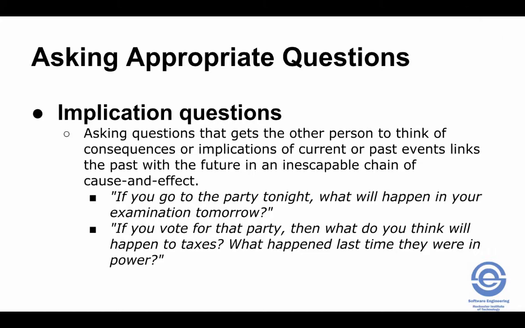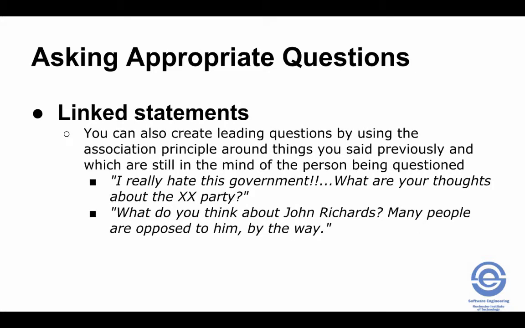So you're already leading the responder into thinking about what will happen in the examination tomorrow if they go to that party. Like, hey, I shouldn't go to that party. You're leading them. Or if you vote for that political party, then what do you think will happen for taxes? What happened the last time they were in power? So right away, you're leading them to think that maybe that party will either raise or lower taxes. You're making an assumption on things, which is another example of a bad question.